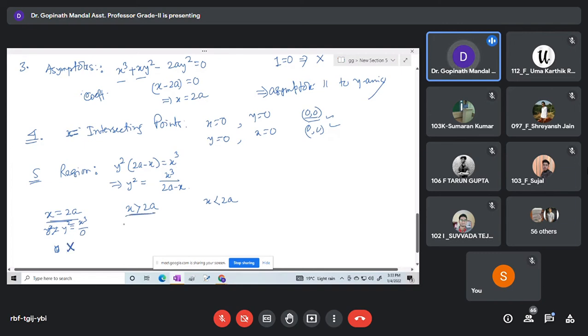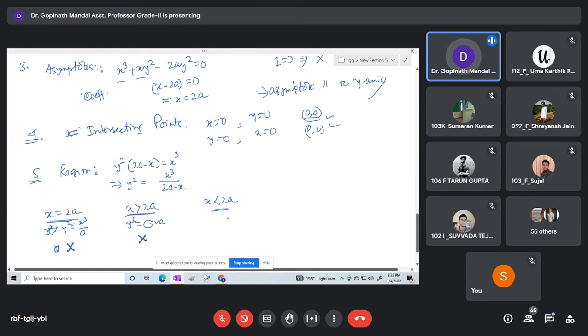For x greater than 2a, y square will be negative. So y is imaginary. You also cannot consider this case.